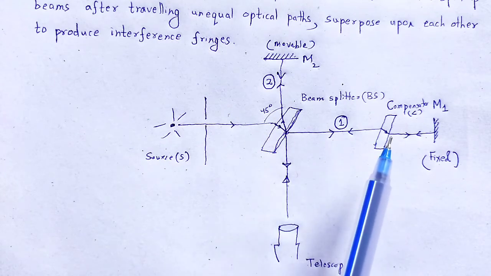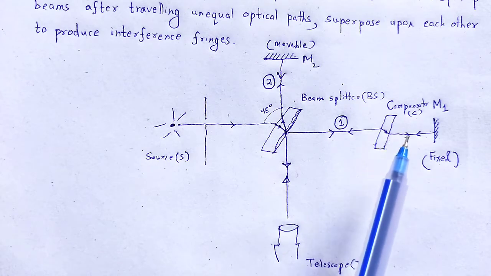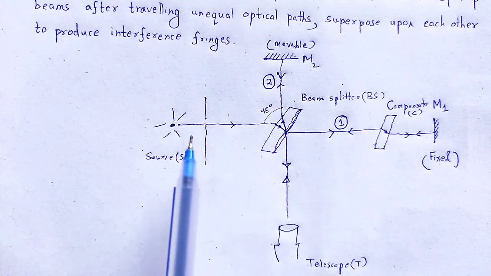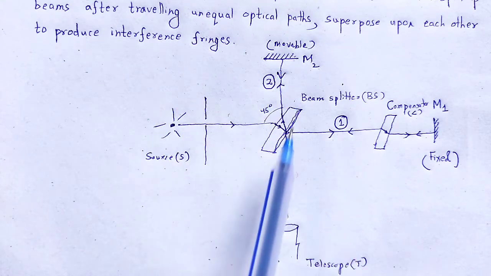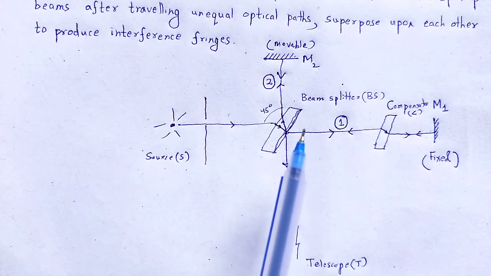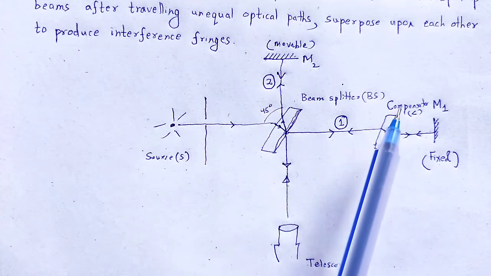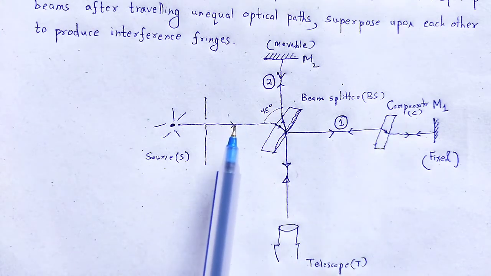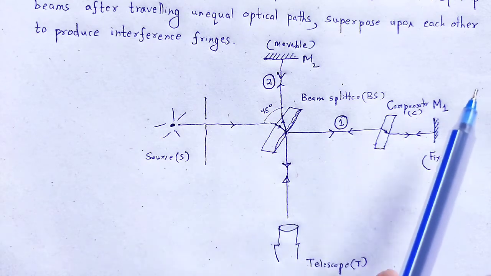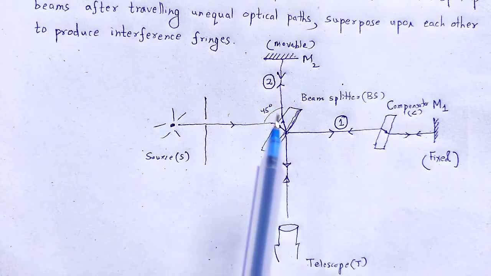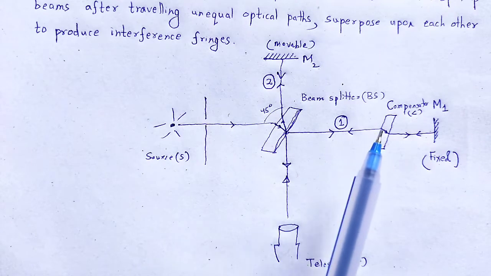This equality is not needed for observing the fringes produced by a monochromatic source of light, but when we use white light, equality of path difference is needed. Therefore, we introduce the compensator C. So the compensator is used in case of white light, but in case of a monochromatic source we do not use a compensator. Its work is to equate the path between the light.